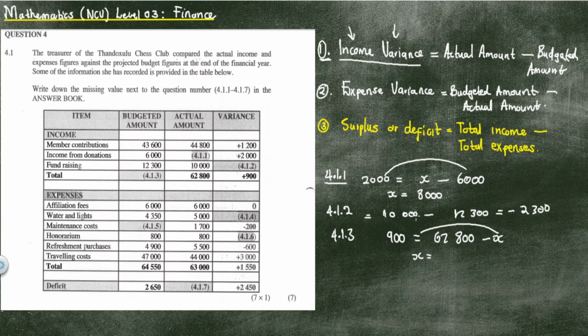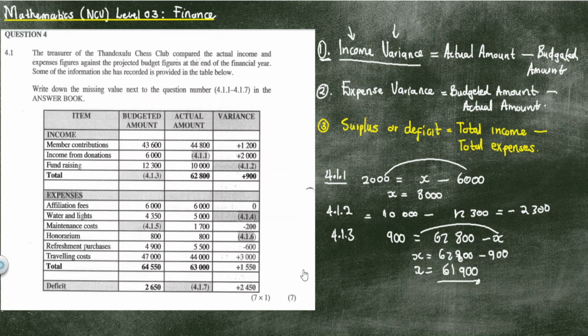It's going to be a positive. Then I'm going to bring over the 900. So it's 62,800 minus 900. I'm getting 61,900. So this is our answer for 4.1.3.